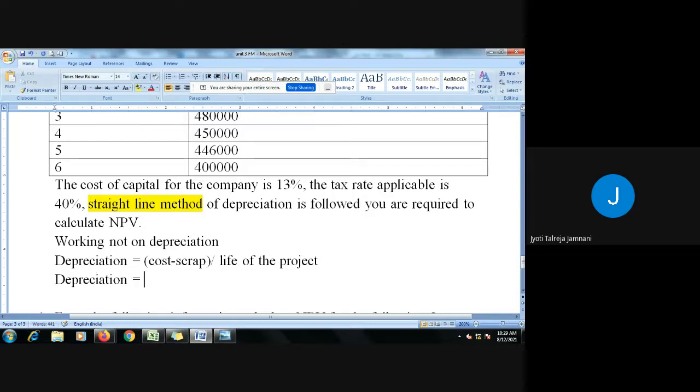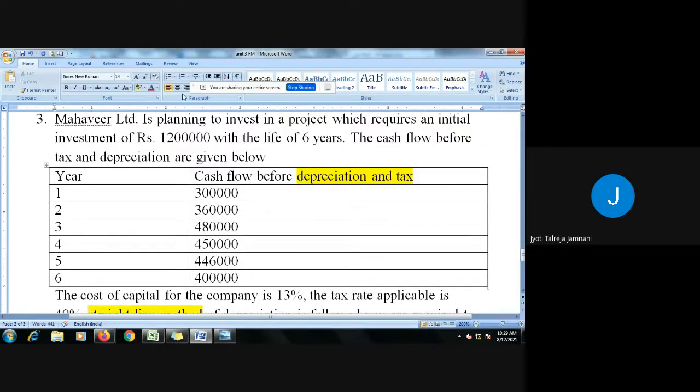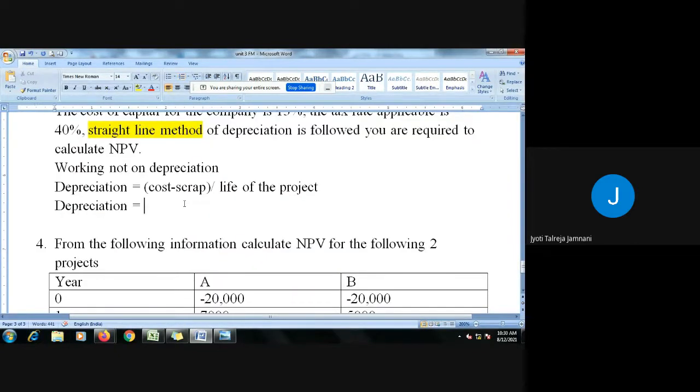Okay, so cost. What is the cost here? See here, they have told the initial investment is 12 lakh. That means this is the cost of the project. We are going to invest 12 lakh rupees in the project. So for me, the cost is 12 lakhs. Minus the scrap is 0. They have not given us the scrap value. So that remains 0, divided by life of the project.